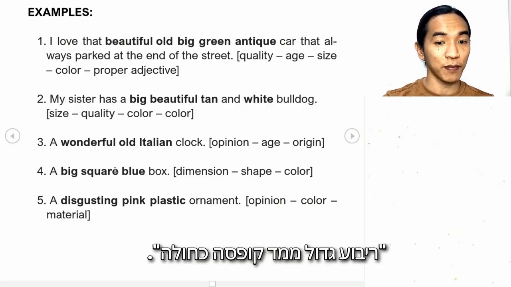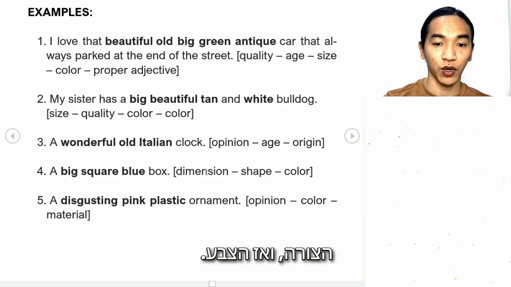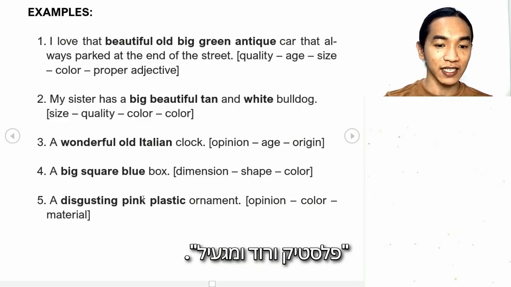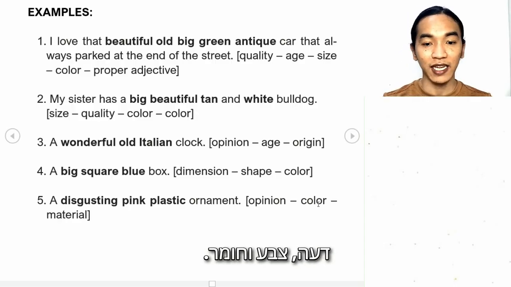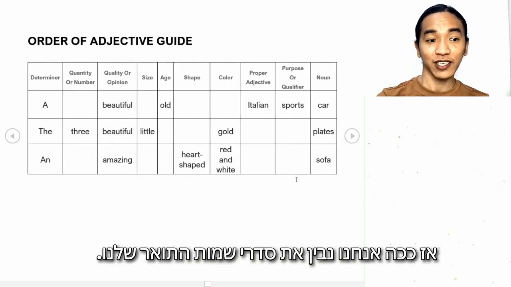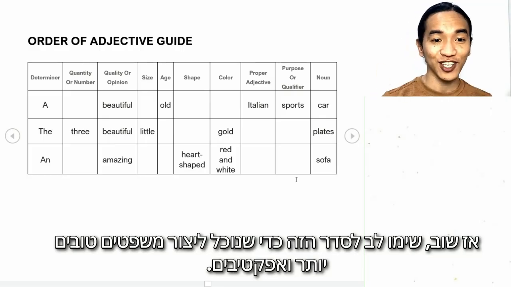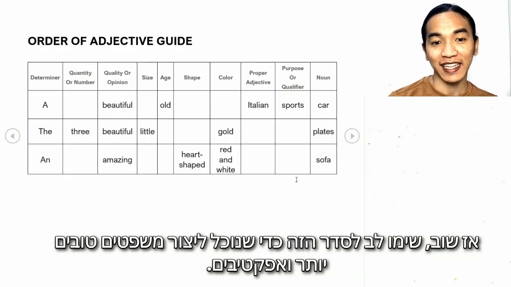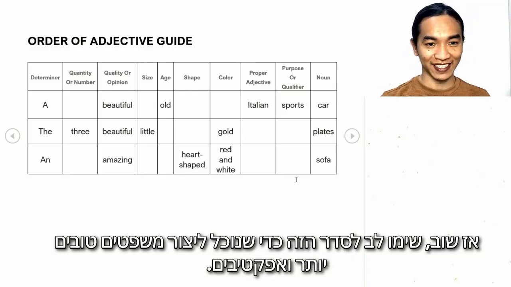A big square blue box, dimension, okay, or the shape, all right, and then the color. Right. A disgusting pink plastic, opinion, color, and material. Okay, so that's just how we understand our orders of adjectives. So once again, pay attention to this order so that we can create better and more effective sentences.